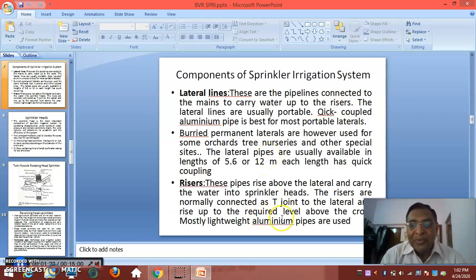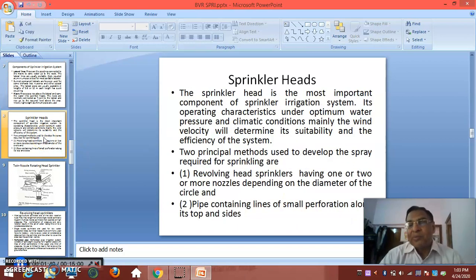In the case of aluminum, nowadays it is being replaced with many other modern plastic materials like PVC and HDPE. Now we are talking about sprinkler heads, the next important component. In fact, out of all the components, the most important component is the sprinkler head.